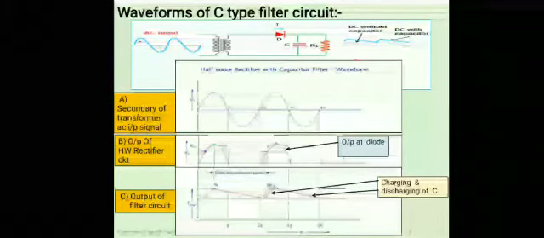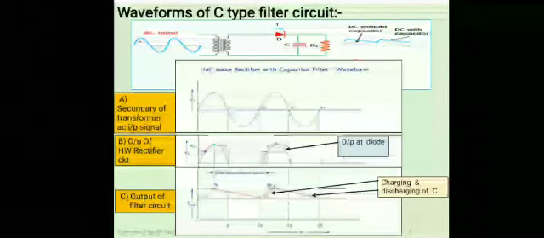But if you apply a shunt capacitor, then there is less pulsating variation in the DC signal from maximum to minimum value. So in this way, by using a shunt capacitor type filter, we get more pure DC than by using only the half wave rectifier circuit.